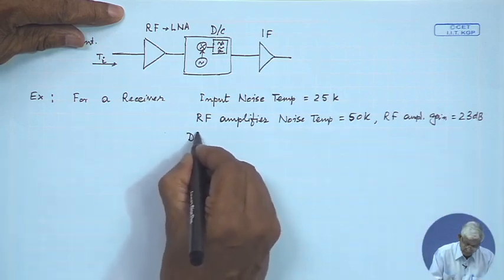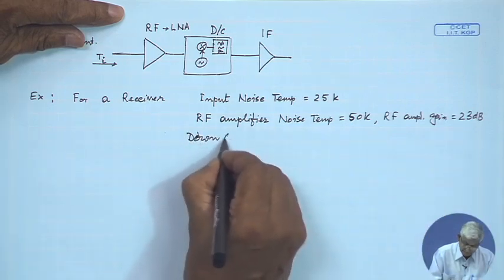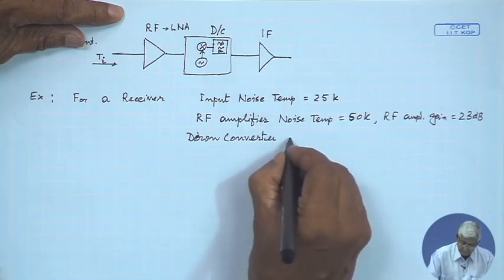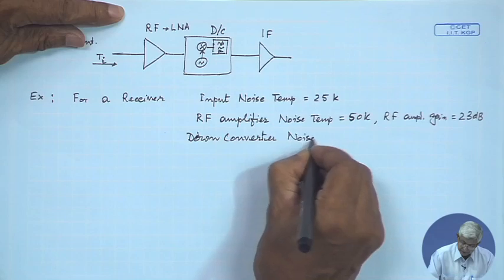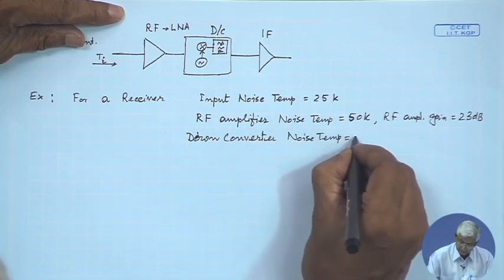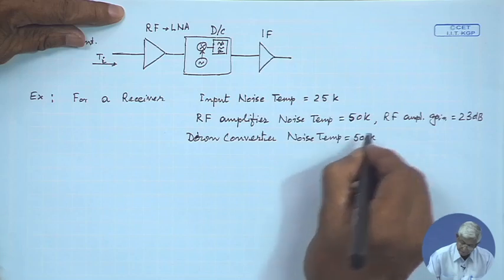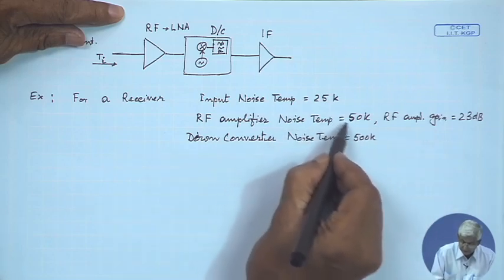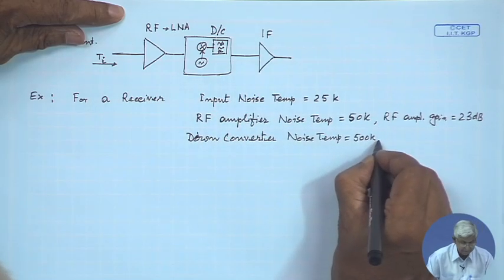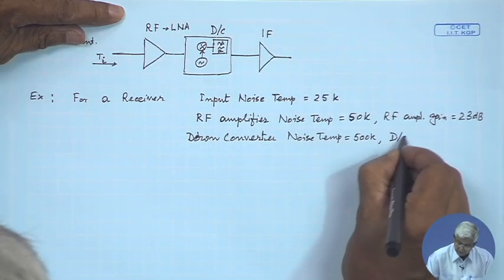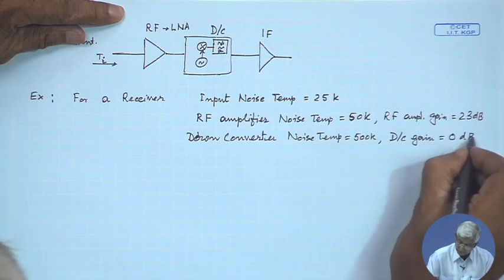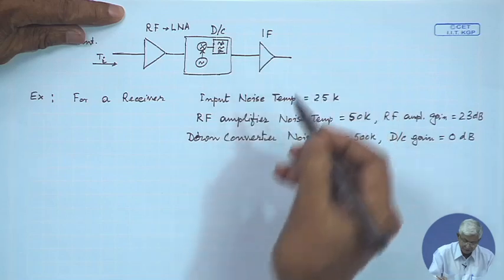Then the down converter noise temperature, when I say noise temperature, is effective noise temperature, is 500 K. You can see that the low noise amplifier was having much lower. The second stage I am having much higher noise temperature, and the down converter gain is 0 dB, because it does not provide any gain, let us say.